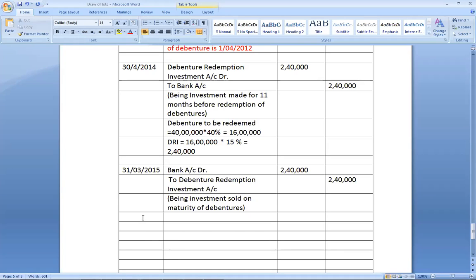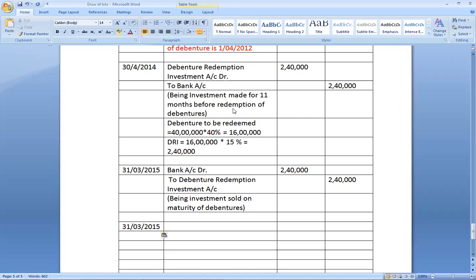Okay, and the money is due on this date, so we will pass the entry for due. Debenture will come on the debit side. Debenture is due on 31st March 2015 on the second installment. Debenture is a liability.